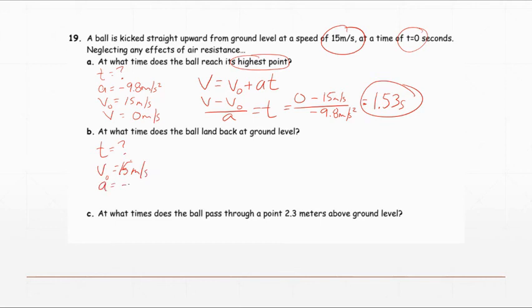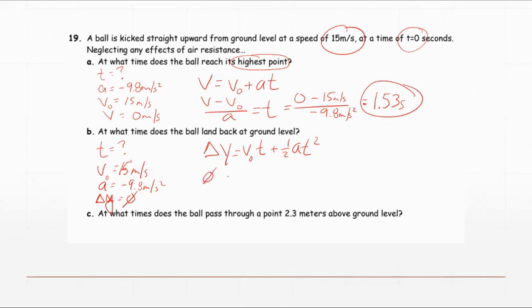Our acceleration is negative 9.8 meters per second squared. And our change in y, I apologize, is actually equal to 0. So we have change in y equals v initial t plus 1/2 a t squared.